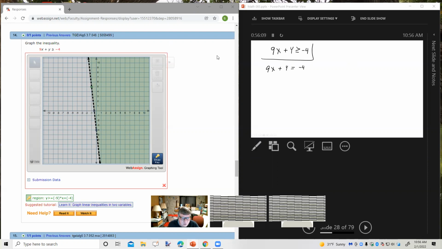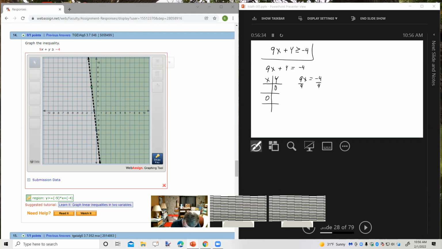And I'm going to go ahead and use the same ordered pairs. It looks like they use the x and y intercepts, so we'll do that. If y is 0, we get 9x equals -4.